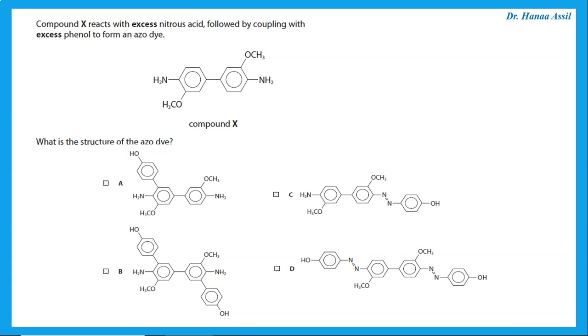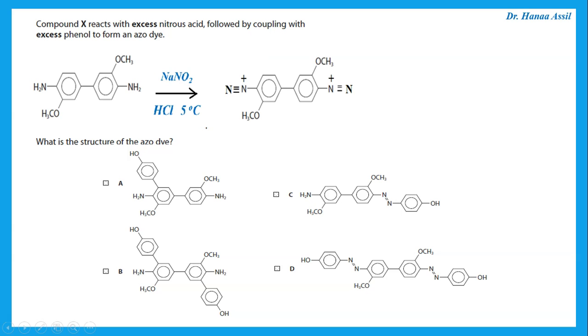Compound X reacts with excess nitrous acid followed by coupling with excess phenol to form an azo dye. What is the structure of the azo dye? So if I have compound X and I add excess nitrous acid, remember that nitrous acid is sodium nitrite with HCl, and this gives the diazonium salt.